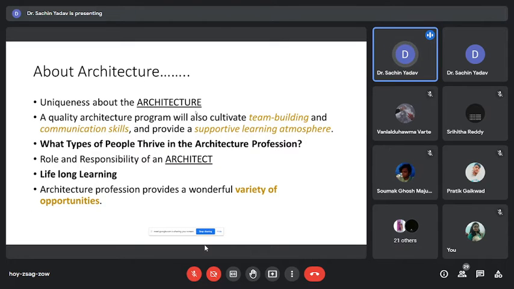But architecture is something different. It creates a tangible impact on human life. What type of people thrive in the architecture profession? If someone loves problem solving, they may enjoy a job as an architect, because there is never one right solution to an architecture problem.